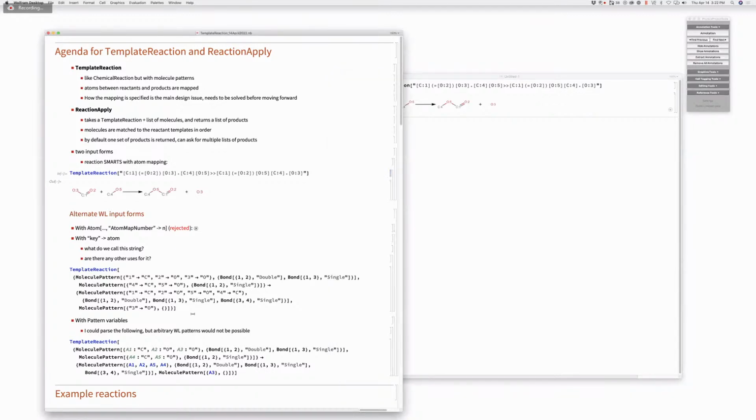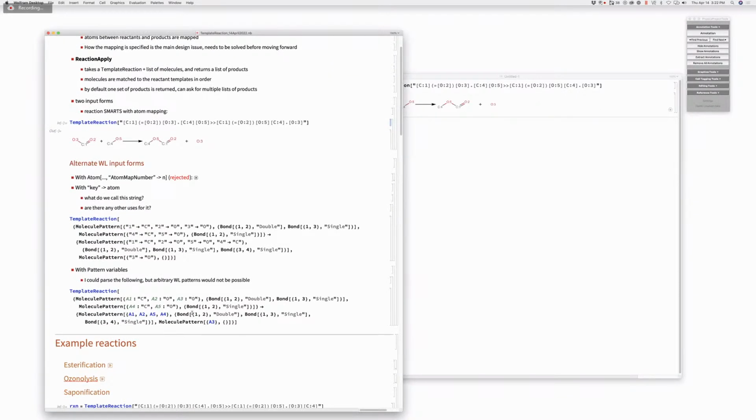Okay. All right. So the two alternates. Yeah, I see it. Okay.